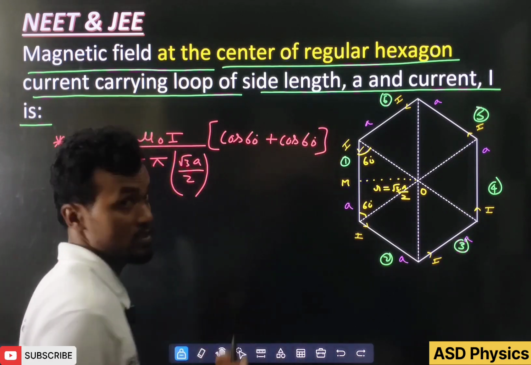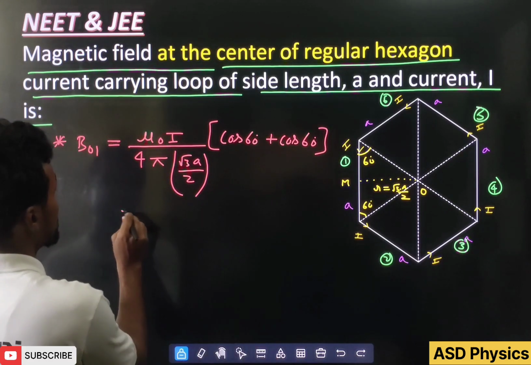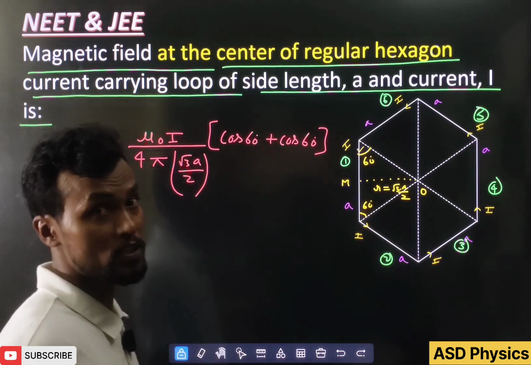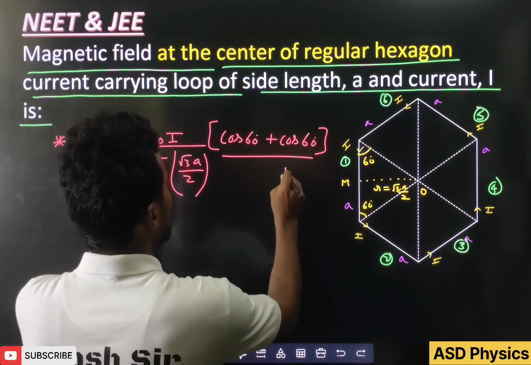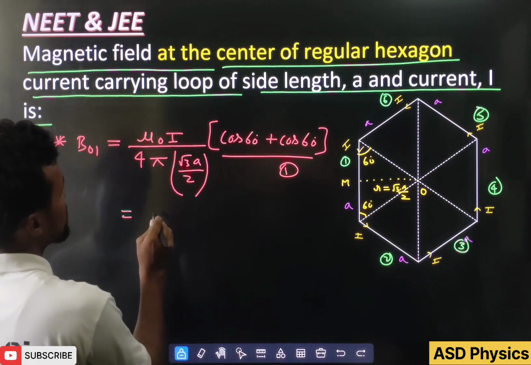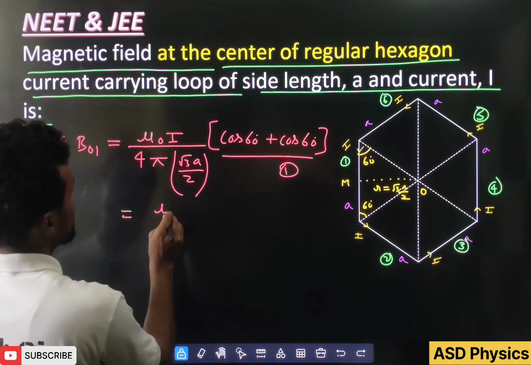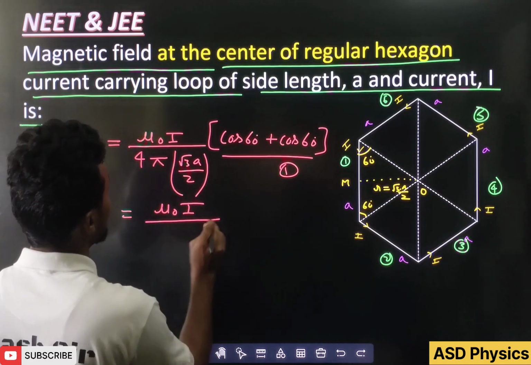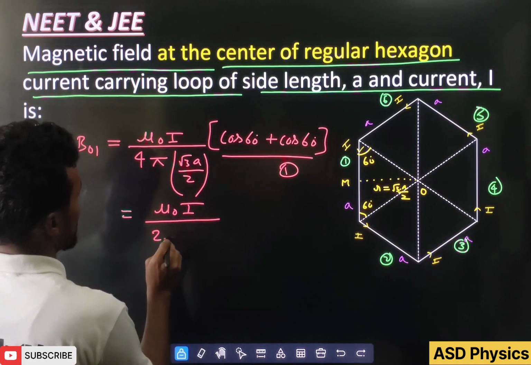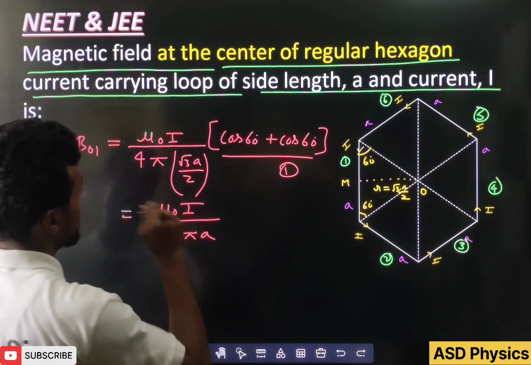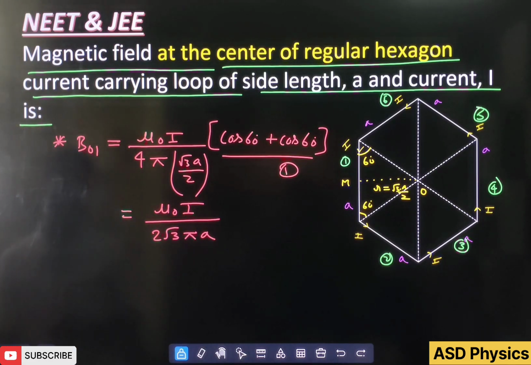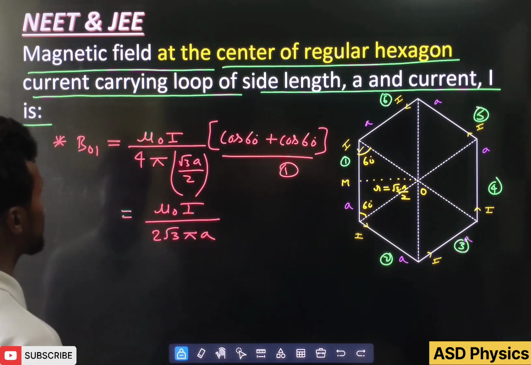Cos 60 is 1 by 2, again cos 60 is 1 by 2. 1 by 2 plus 1 by 2 is 1. So this overall will become 1. So this will become mu naught I by, 2 2 is 4, so we can write 2 root 3 pi a. Correct? Mu naught I by 2 root 3 pi a.